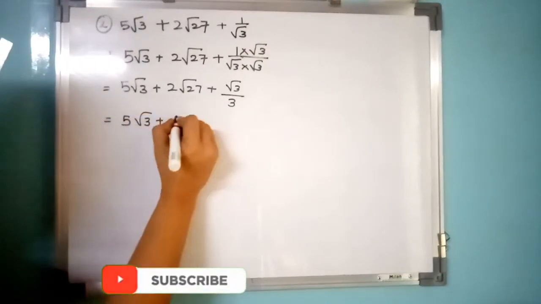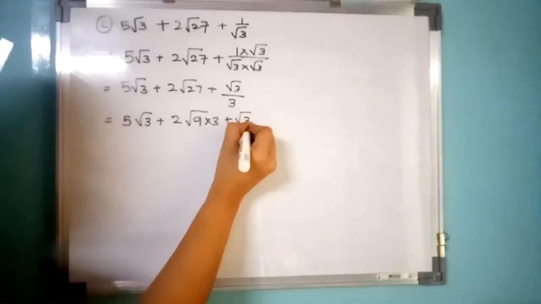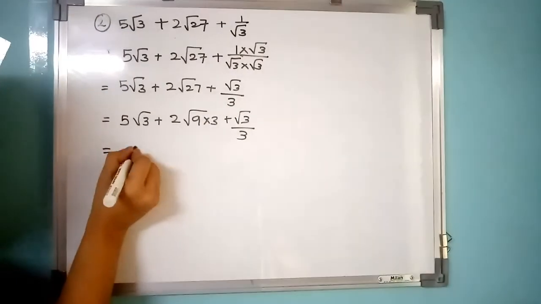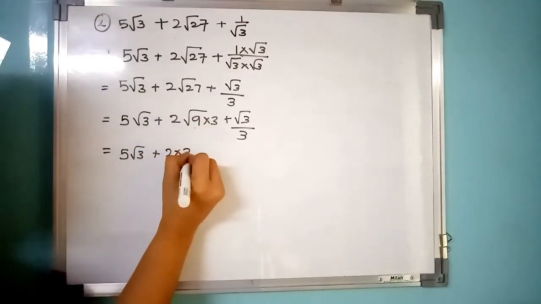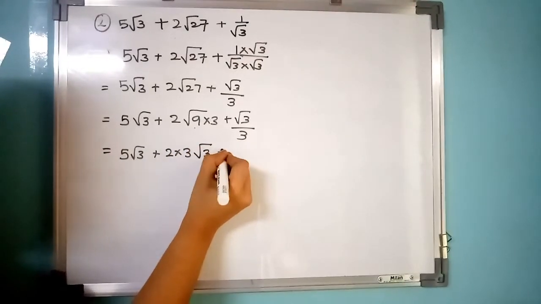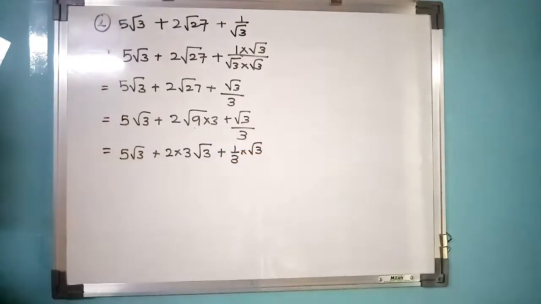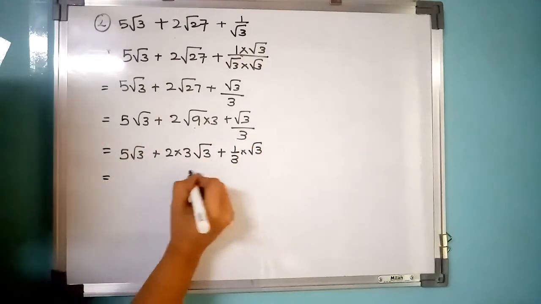Now we find 3 as a common factor. So we will try to convert every term in the form of root 3. We can see root 27 is root 9 into 3. Now root 9 means 3. So root 3 is common for that term. 1 upon 3 into root 3, that is. So we can see now root 3, root 3, root 3 everywhere.